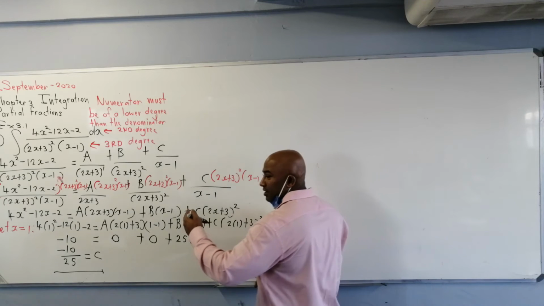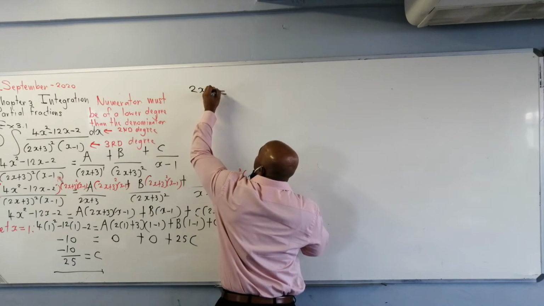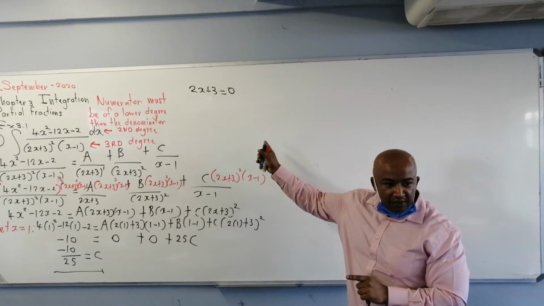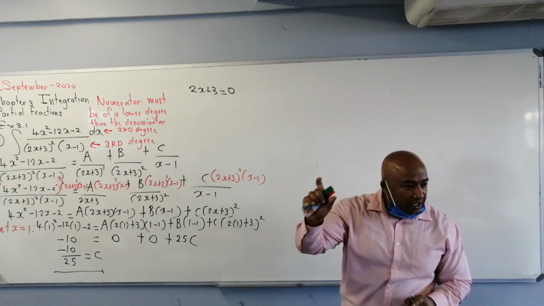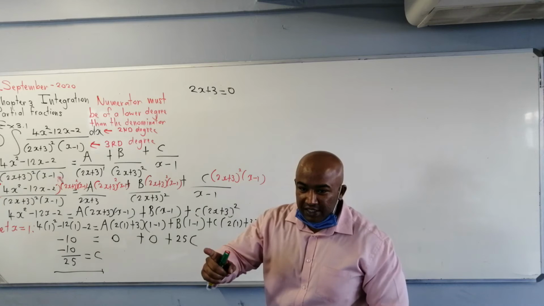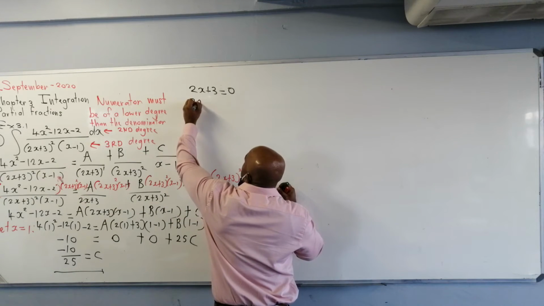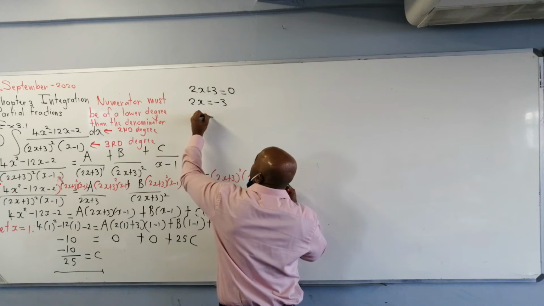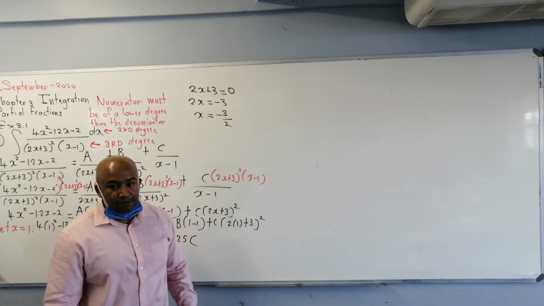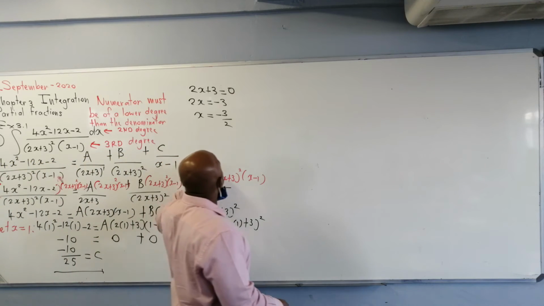All you do is, on the side of your page, you want 2x plus 3 to become 0. You see, from words to equation. You want 2x plus 3 to equal 0. So the question is, what value of x can you substitute? You just solve for x. So now, 2x is equal to minus 3, x is equal to minus 3 over 2. So the next best value to substitute here is minus 3 over 2. So let's do that.